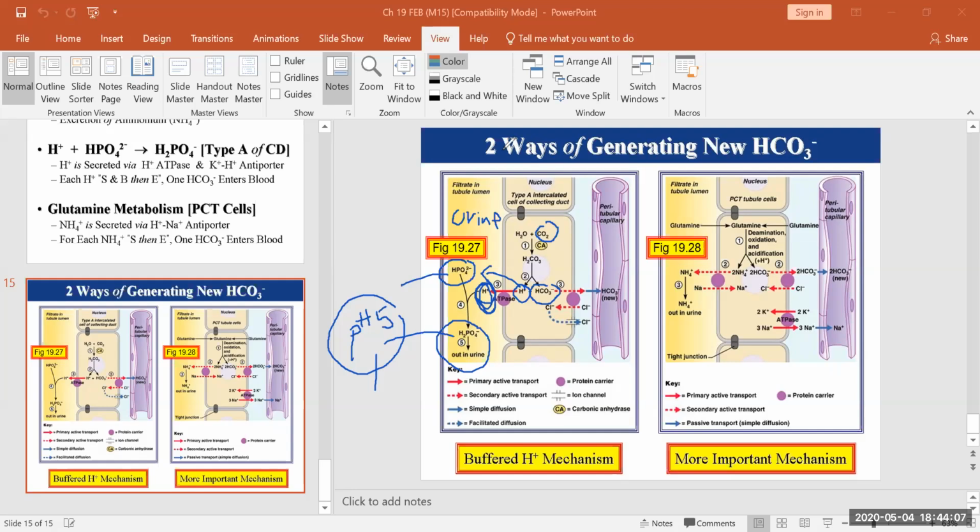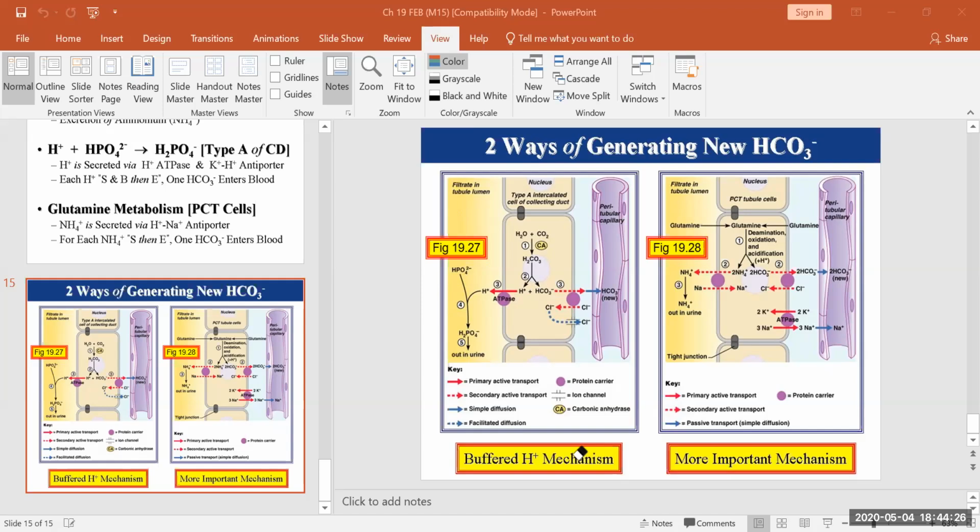However, under severe acidosis that requires lots and lots of bicarbonate, none of the mechanisms we saw up to now is going to work, including this one. The buffered proton mechanism is not enough.